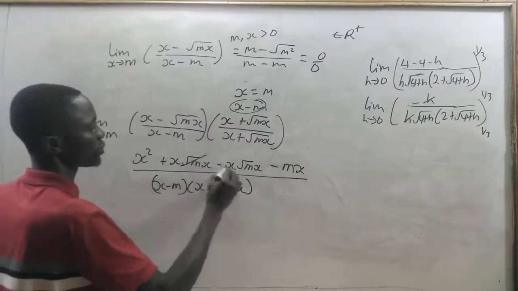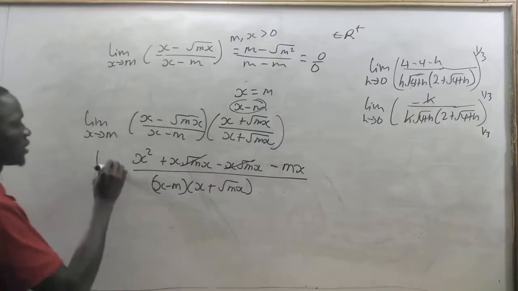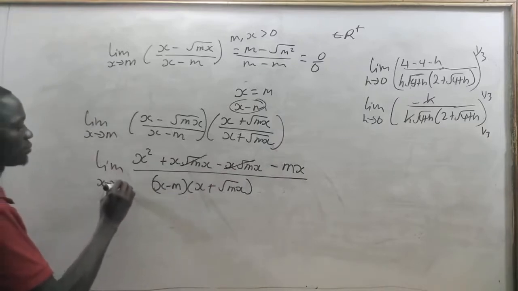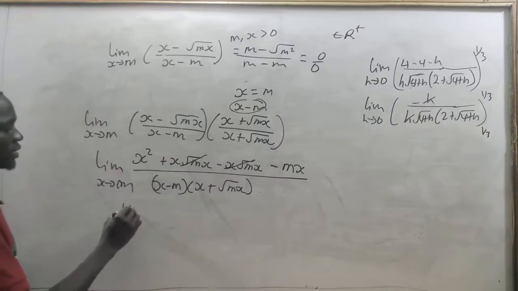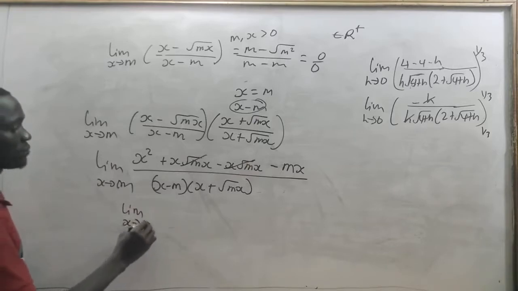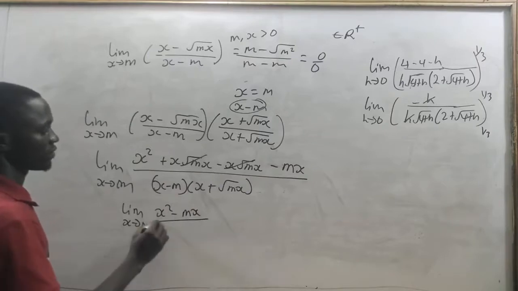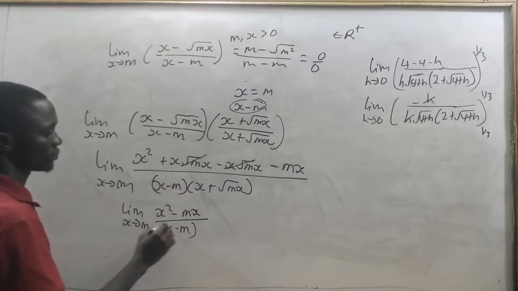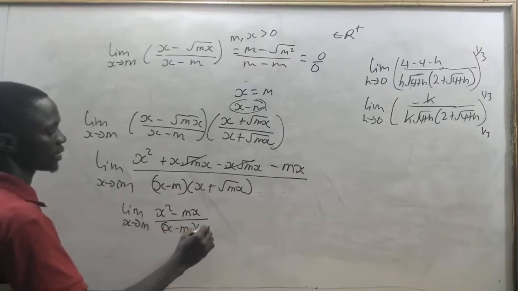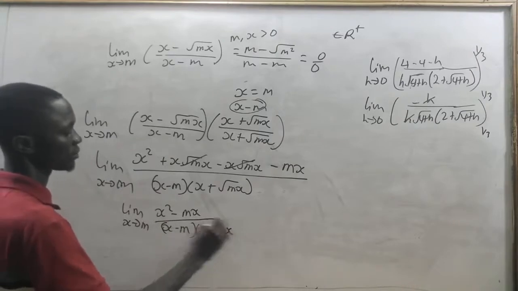So here this one will cancel this. Take the limit as x approaches m of x squared minus mx divided by x minus m times x plus the square root of mx.